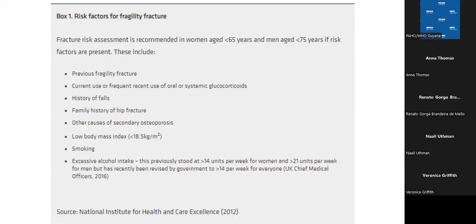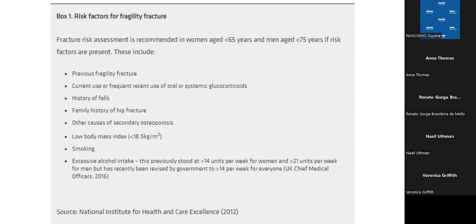Fracture risk must be assessed in women aged less than 65 years and men aged less than 75 years if risk factors are present. These include previous fragility fracture. Previous fragility fracture is the greatest risk factor for a future fracture.